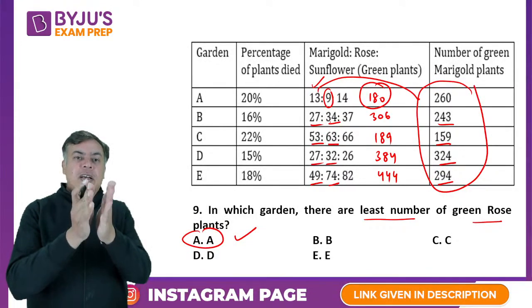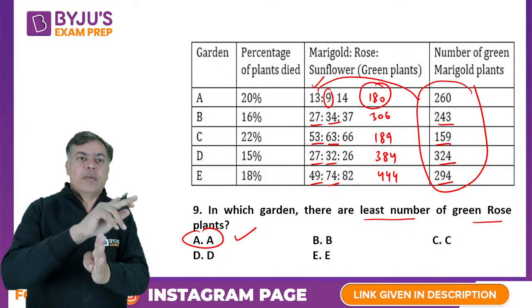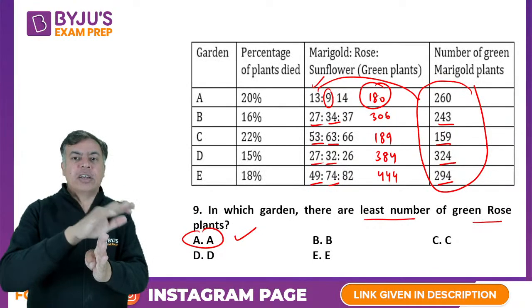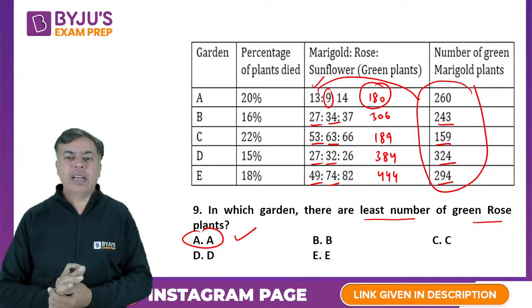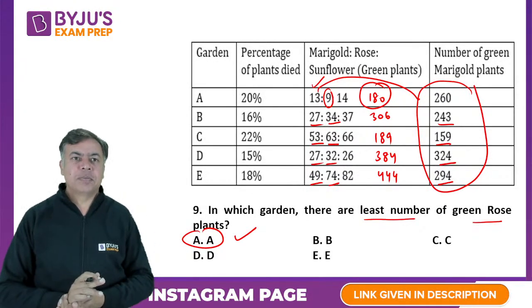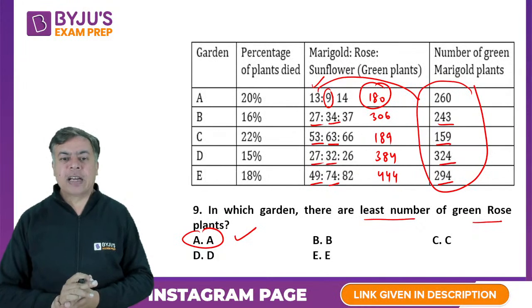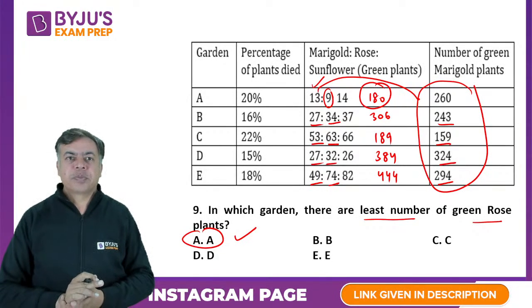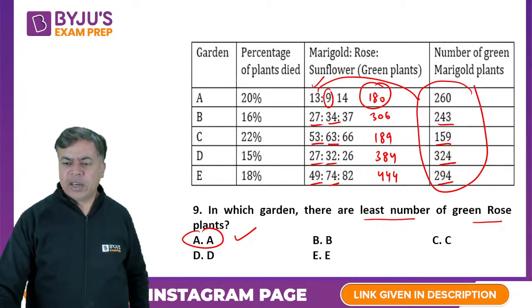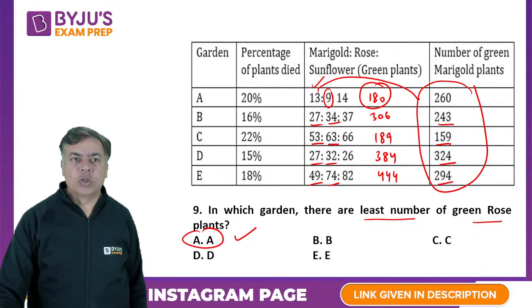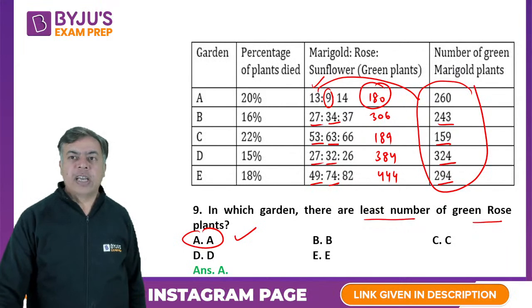I am taking rose, right? With that ratio 13 is to 9, 13 into 20 is 260. So 9 into 20 is 180, right? All others are more than that. So A will be the correct answer. Similarly, you could have calculated sunflower also. So A is the correct answer.